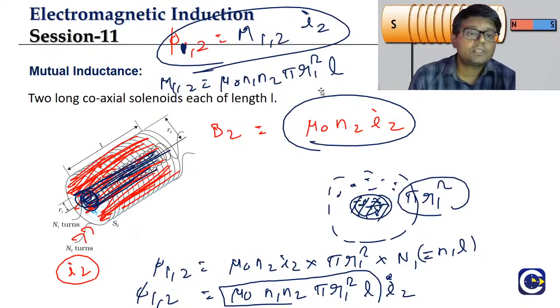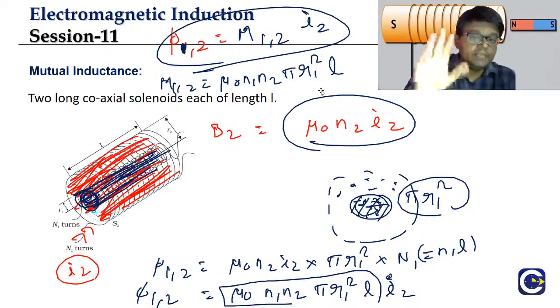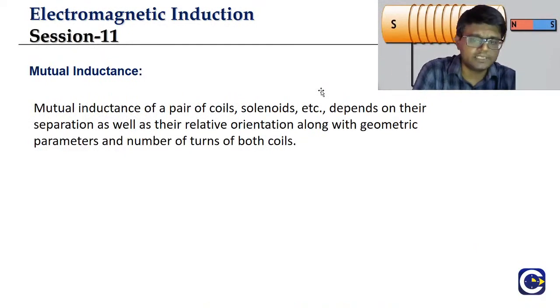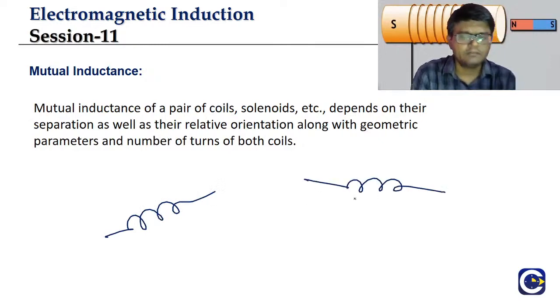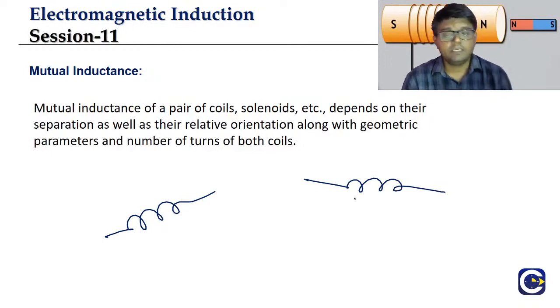Okay, so this is how we find the mutual inductance of both the coils to be equal. Now in any general case, if you have two coils that are differently oriented or arranged, the derivation of mutual inductance is going to be a little more complicated.